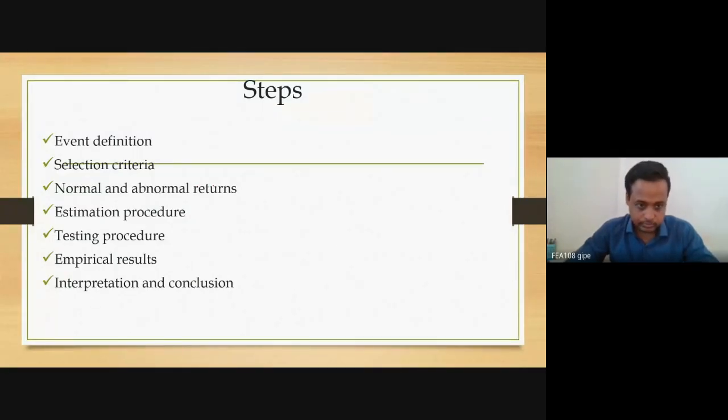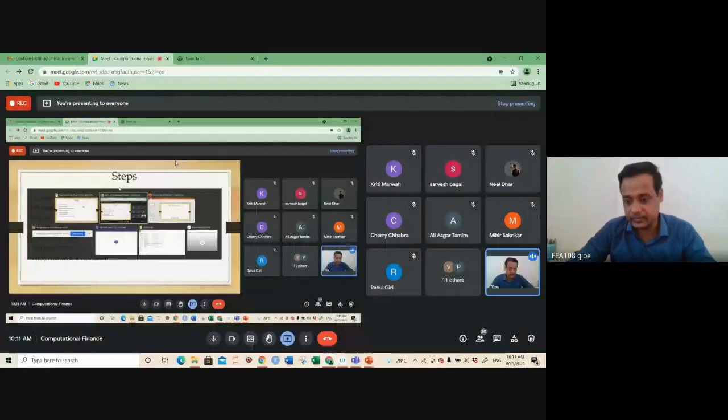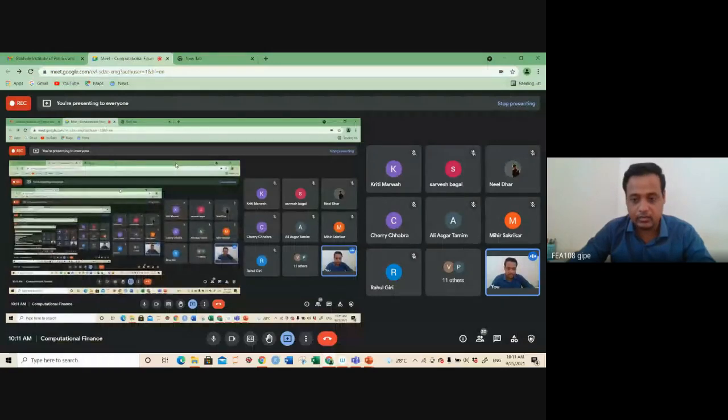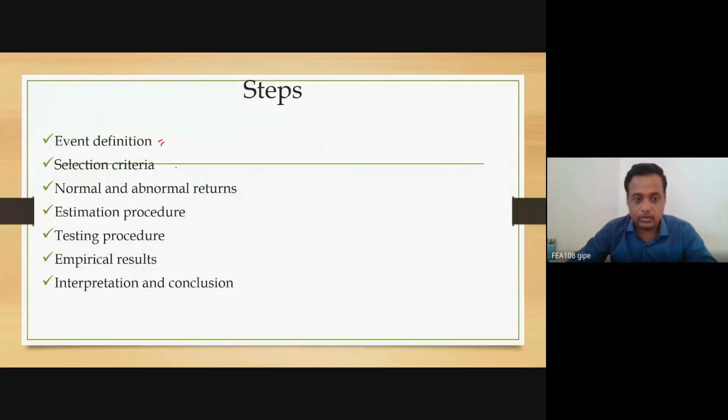Now, how do we go about doing this event study? First is the event definition. What is this event? We have to define it, and why we are assuming it can impact the stock price. That logic you have to give. Then second is the selection criteria.